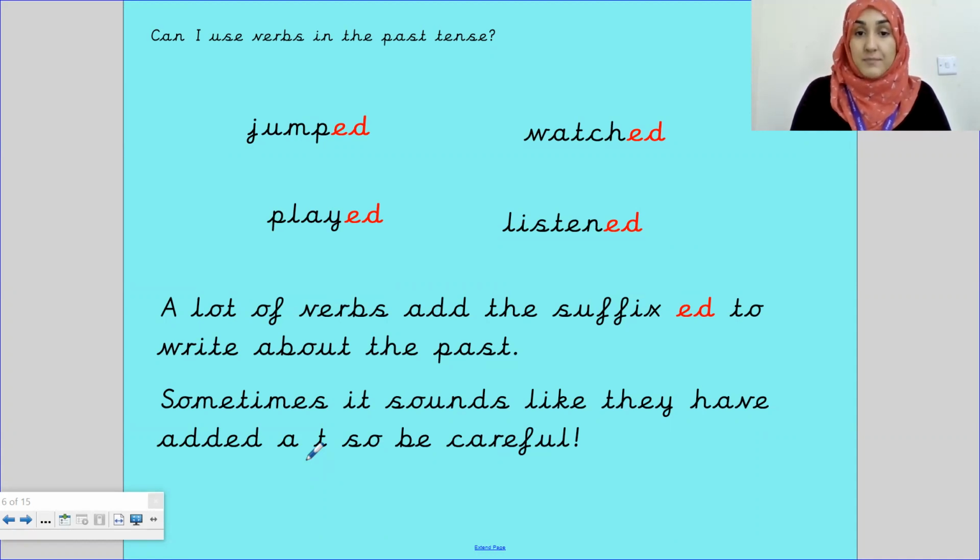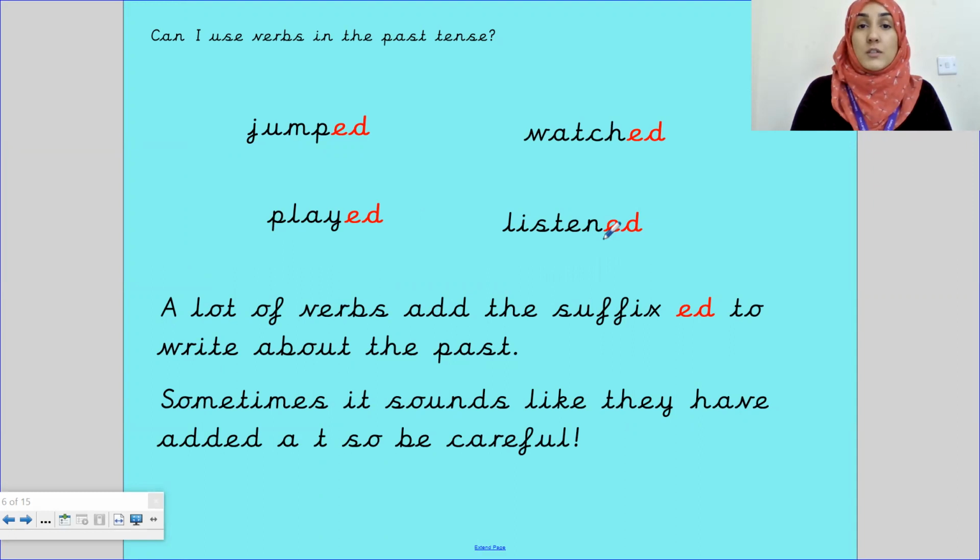So a lot of verbs, sorry, didn't read the whole sentence. A lot of verbs add the suffix ed to a verb when writing in the past tense. Sometimes it sounds like they have added a t, so be careful, like jumped. So sometimes it sounds like a t, jumped. It's not jumpt, it's jumped.